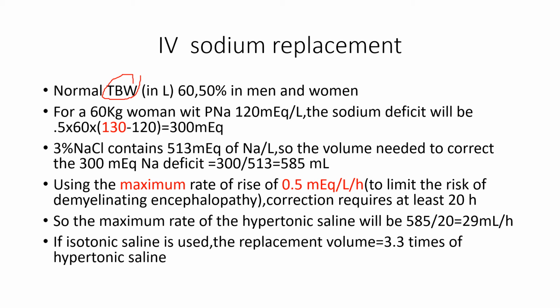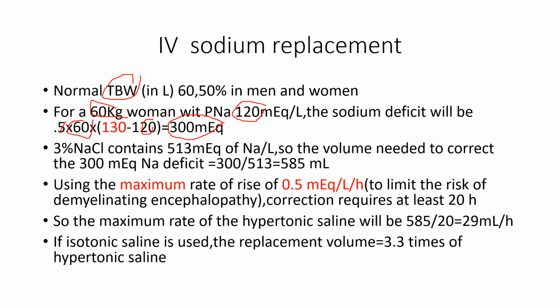Suppose عندي lady وزنها 60 كيلو والصوديوم الحالي فيها 120 ملي ايكويفالنت بير لتر، يبقى التارجت بتاعي ان اوصل الصوديوم ل 130 واضرب 50% في 60 كيلو جرام اللي هو وزن الليدي this lady. ال 130 صوديوم التارجت بتاعي ناقص الكرنت صوديوم ال 120 هتكون النتيجة ان عندي ديفست 300 ملي ايكويفالنت صوديوم in the body.